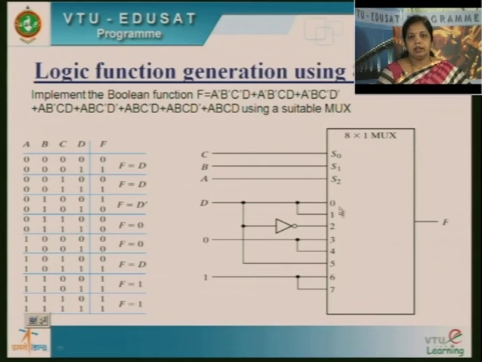Since we have 8 inputs, I am going to divide this truth table into groups of 2 each to make 8 combinations. So for the first 2, wherever there is 0 and 1, I am going to write this as the map entered variable D. Whenever there is 1 and 0, I am going to write its D complement.